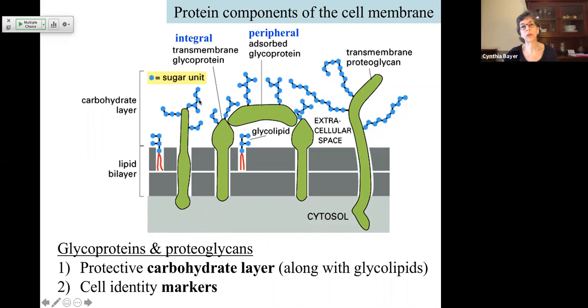So if there's just a few sugars, we call it a glycoprotein. If we have really long polymers of sugars, polysaccharides, then we call it a proteoglycan. But it's pretty much the same principle.